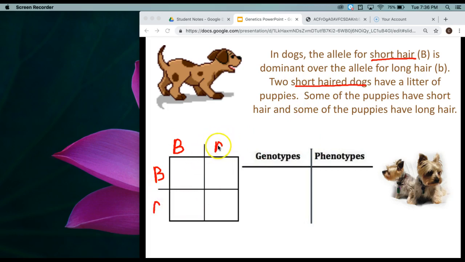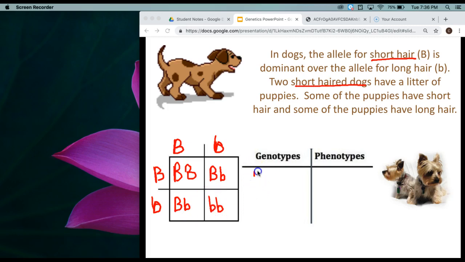Because, oops, I don't know why I wrote R. We're going to change this to B. If one of these was homozygous dominant, then all of these are going to have a dominant allele. But here we have B, B, B, B, B, B, little b, little b.